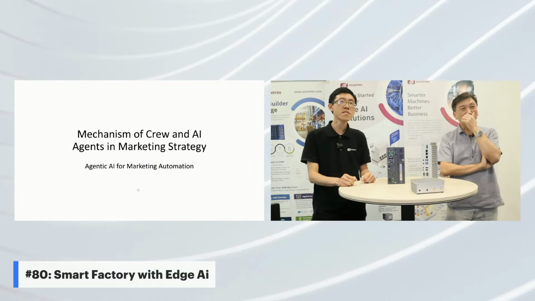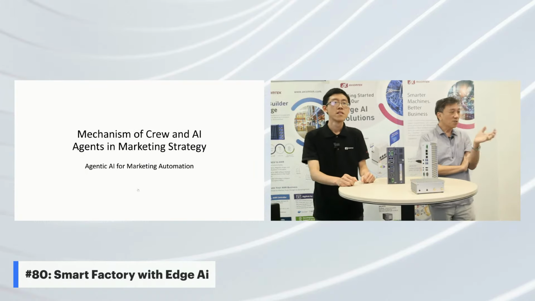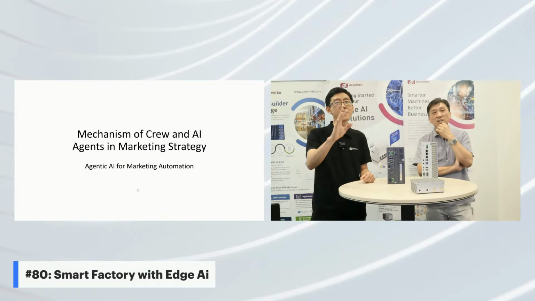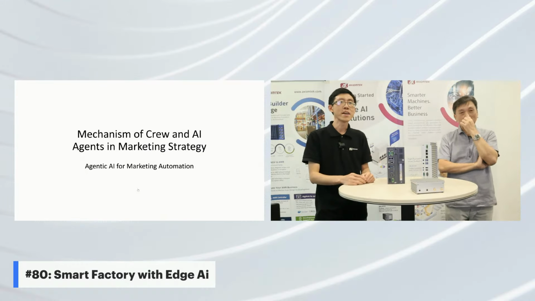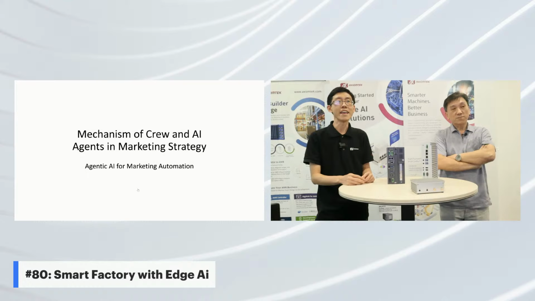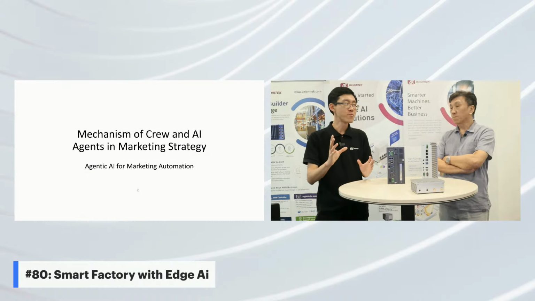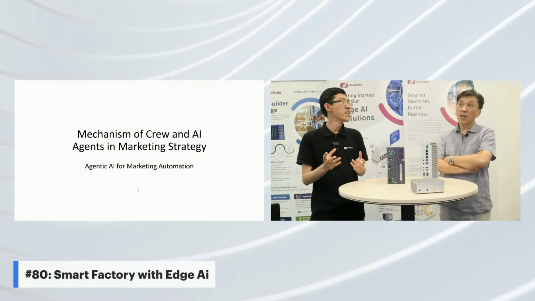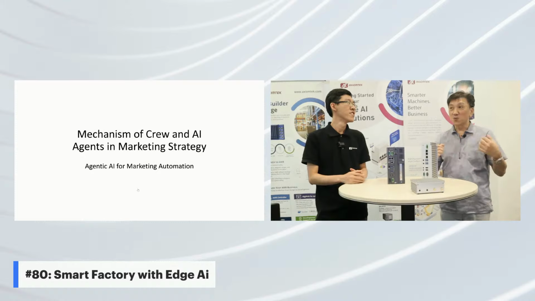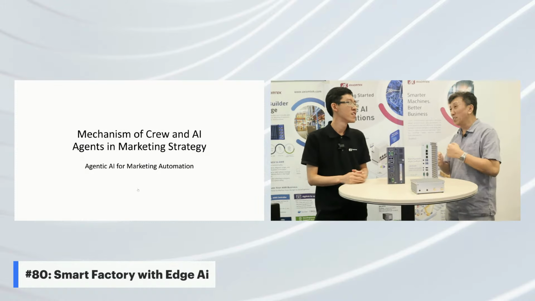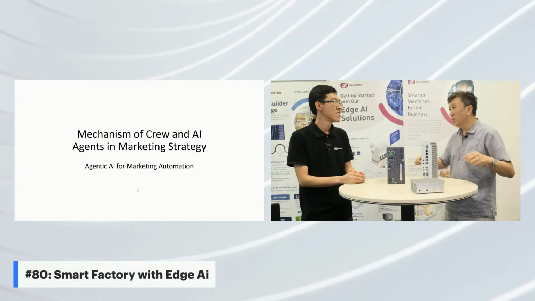Okay, maybe we can start off with this. No, we start with this one. So this one is the mechanism of the Crew and AI agent in marketing strategy. The Crew is the Agentic AI framework. Crew means those people running things at the back, doing things.